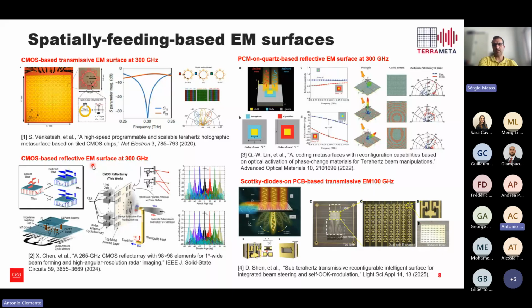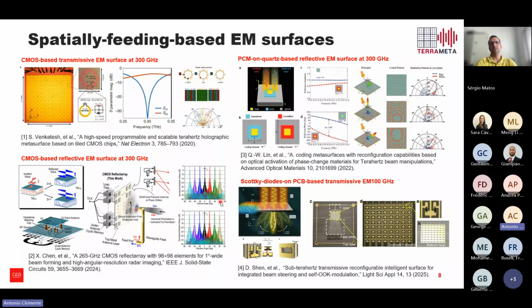You need a power amplifier to mitigate the losses, and the CMOS-based transmissive RIS that you can see on the top cannot control all the unit cells independently. The same goes for the demonstration of the PCM. In reality it is not a reconfigurable one; they generate different layouts, each with a different phase control, but you cannot do this reconfigurably in real time.